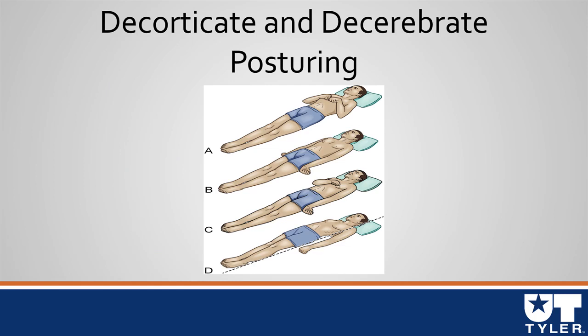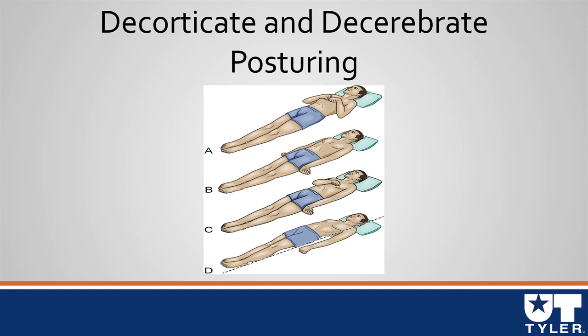Here's a great picture to describe decorticate and decerebrate posturing. In Figure A, we have decorticate response with flexion of arms, wrists, and fingers with adduction in upper extremities. Extension, internal rotation, and plantar flexion occurs in the lower extremities. In Figure B, we have decerebrate response.